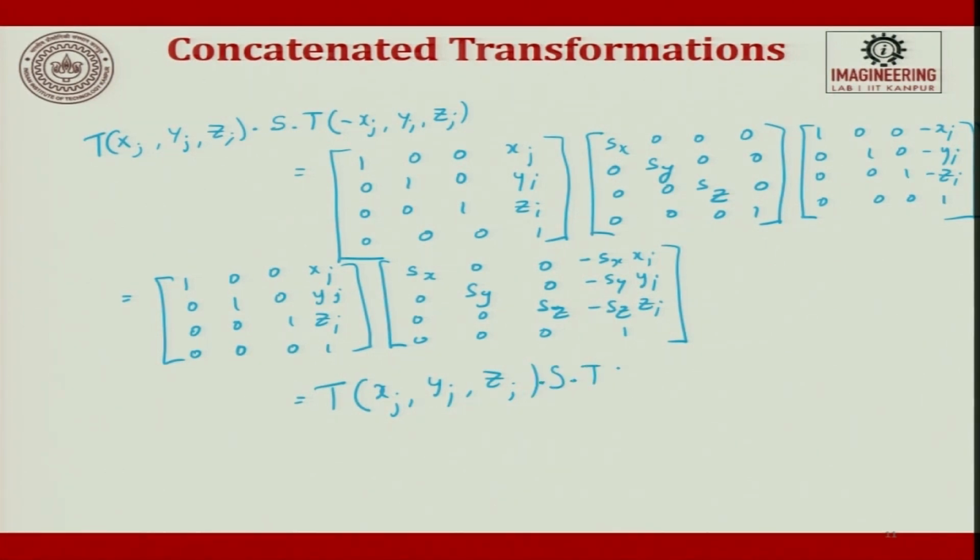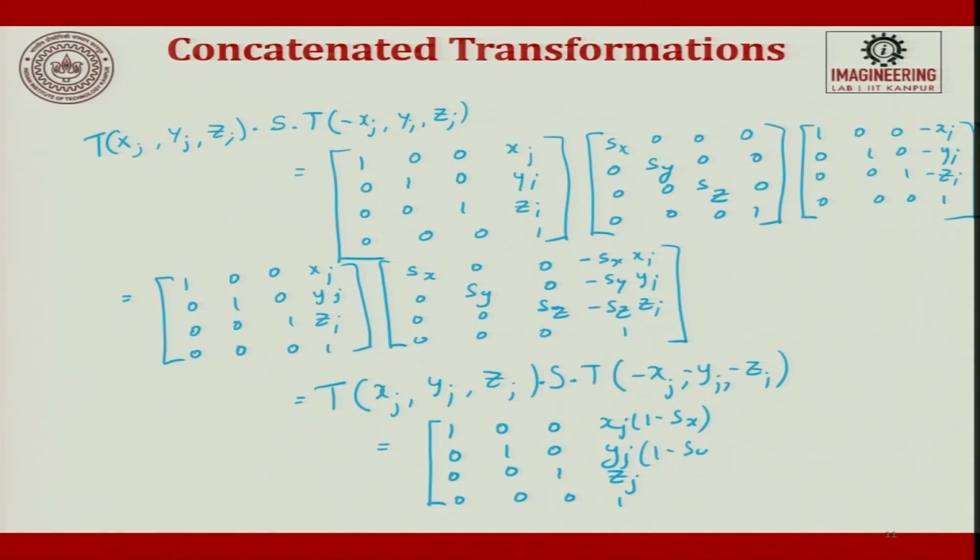So, this can be represented as 1 0 0 xj, 0 1 0 yj, 0 0 1 zj, 0 0 0 1, times the bracket with 1 minus Sx times xj, 1 minus Sy times yj, 1 minus Sz times zj, and this will be represented.